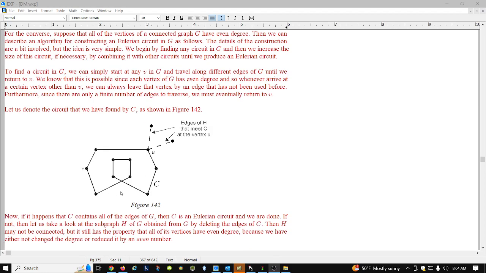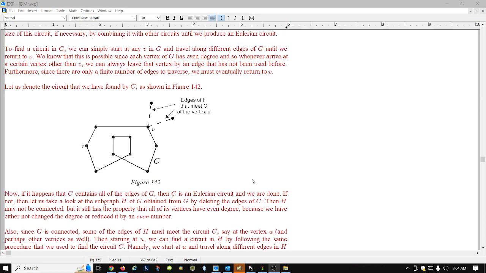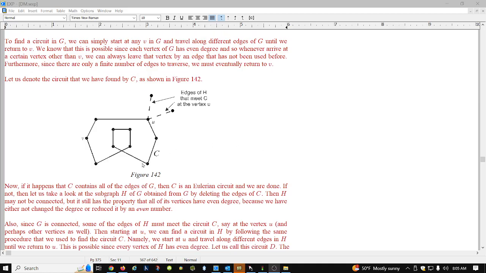If C happens to contain all the edges of G, we're done. We've got an Eulerian circuit. But if not, then we have to take a look at the subgraph, which I called H of G, obtained from G by deleting the edges of the circuit we just found. So we'll yank out C from the graph and call the remaining graph H. Now H may not be connected.